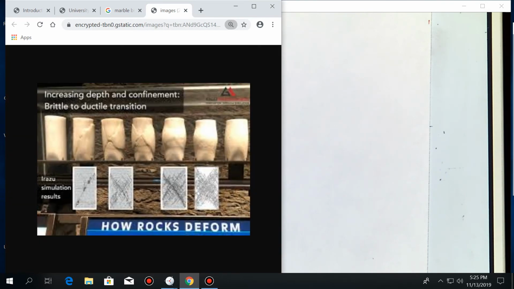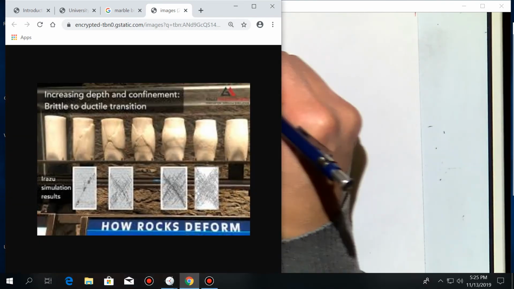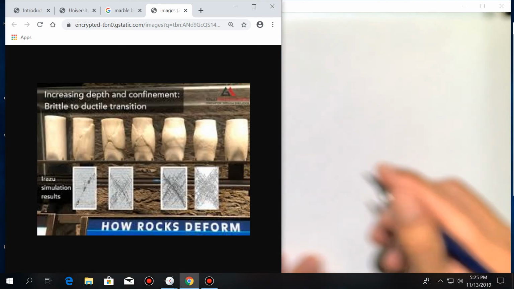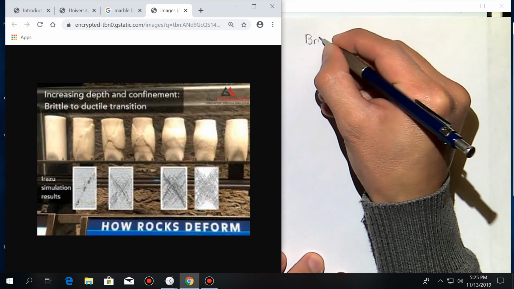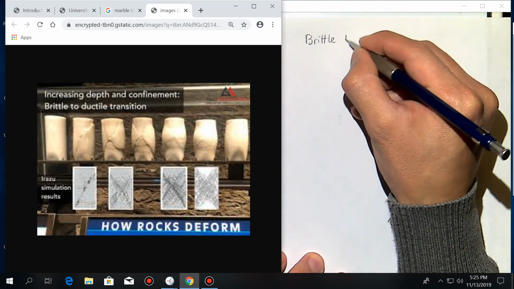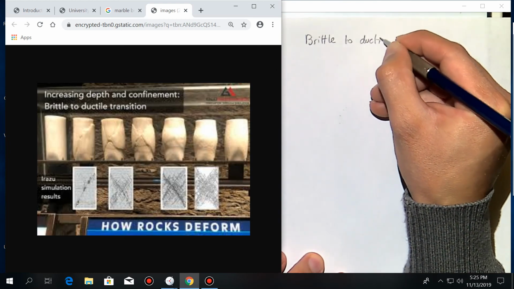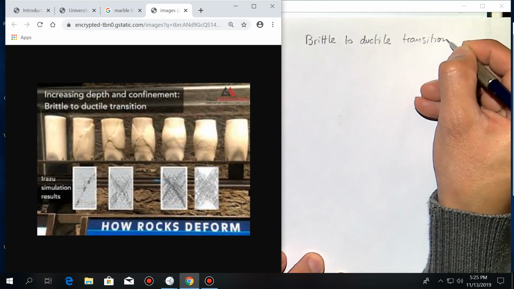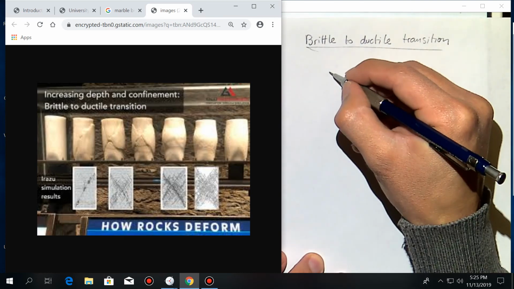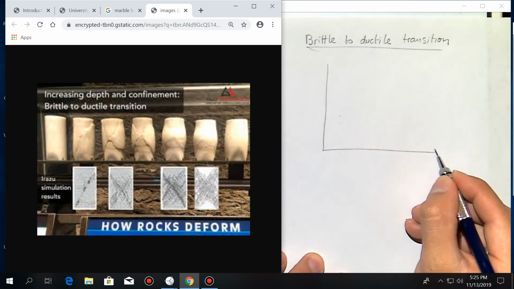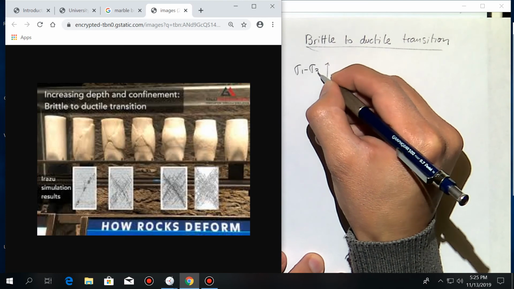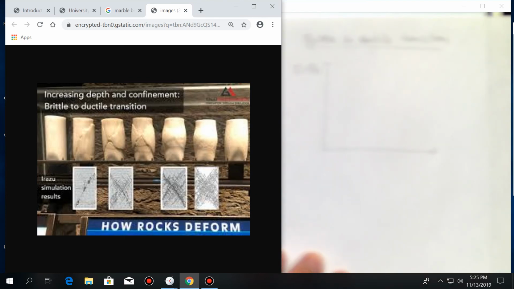If we were to make plots of stress versus strain, we're going to see something like this. Triaxial tests, sigma 1 minus sigma 3, deviatoric stress.